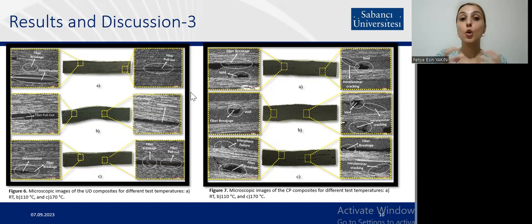After that, we got these images from the optical microscope. Figure 6 shows the microscope image of the UD composites. Figure 7 shows the microscope image of the cross-ply composites. First I want to talk about the unidirectional.